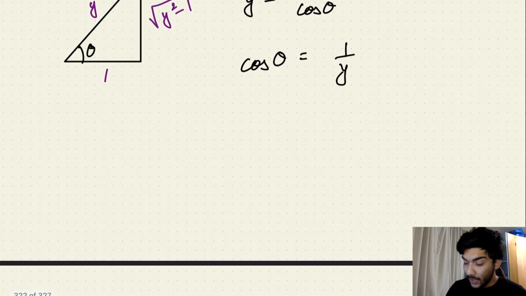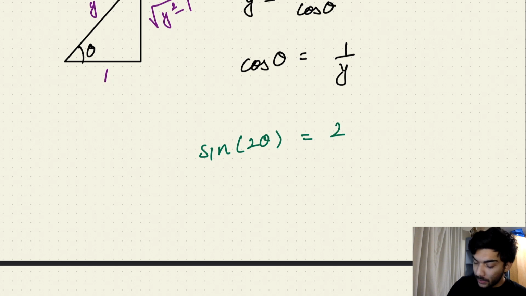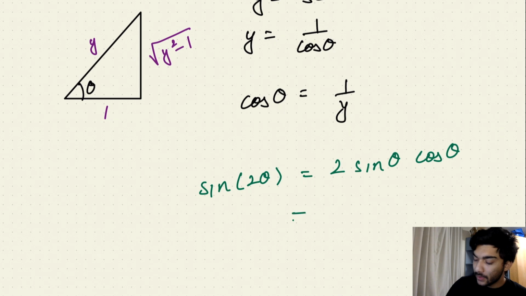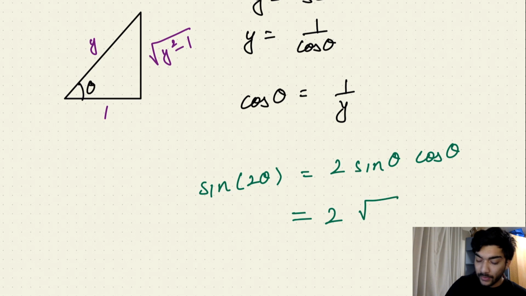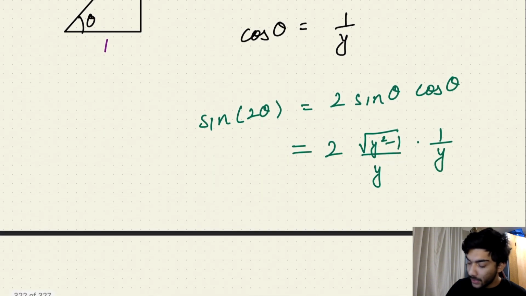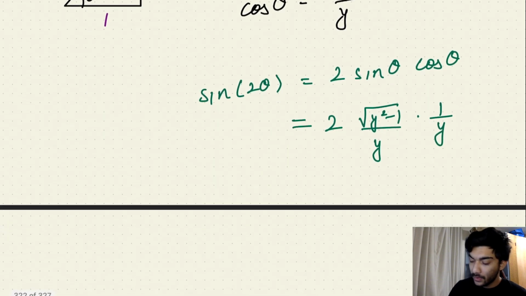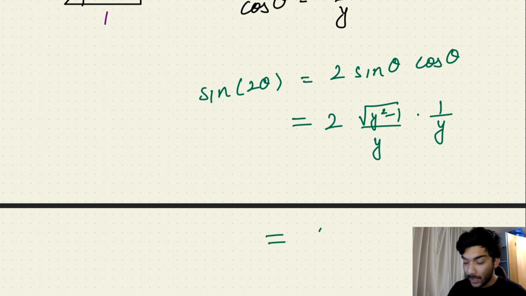And now since you need sine of 2 theta, sine of 2 theta is basically 2 sine theta cos theta, right? And sine theta, as we know, is perpendicular upon hypotenuse. So perpendicular is this one, hypotenuse is this one, which would be root y square minus 1 upon y, times cos theta that we already knew is 1 by y, right?